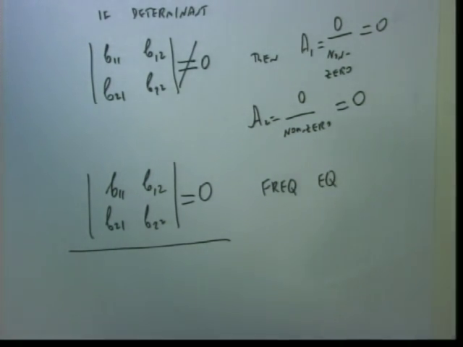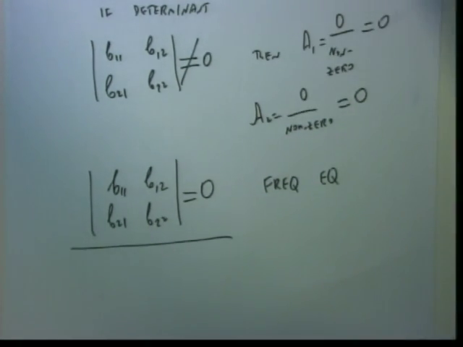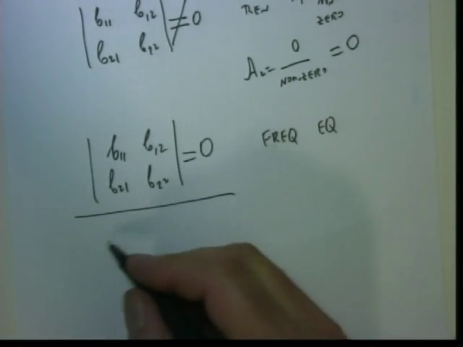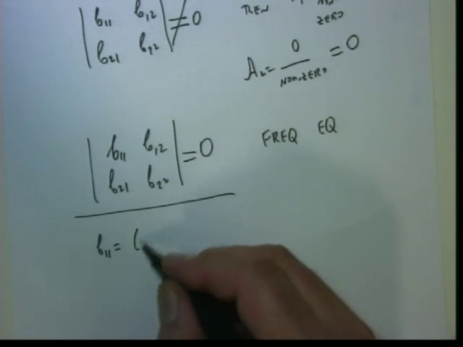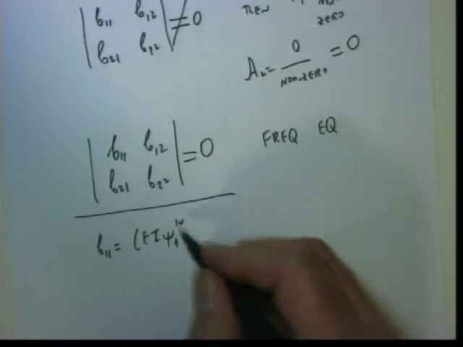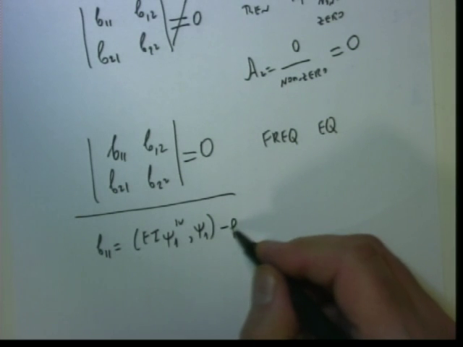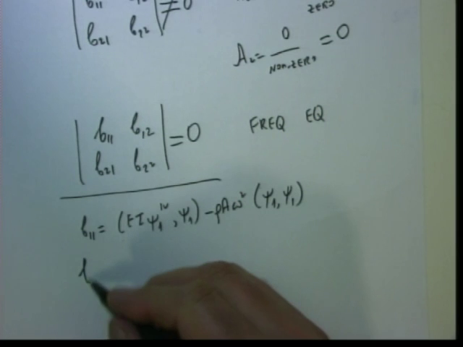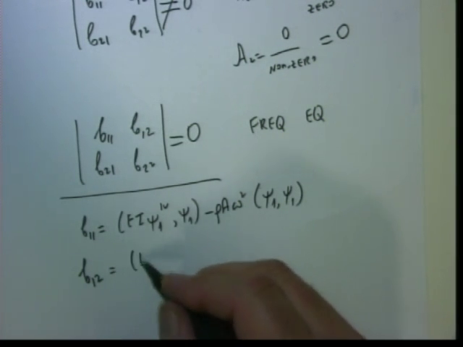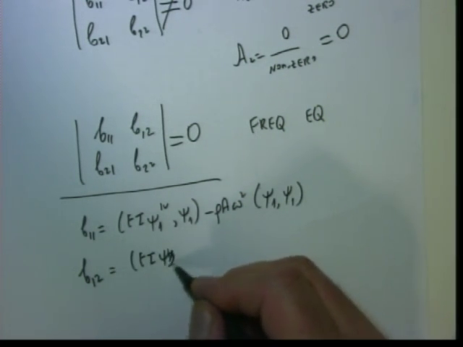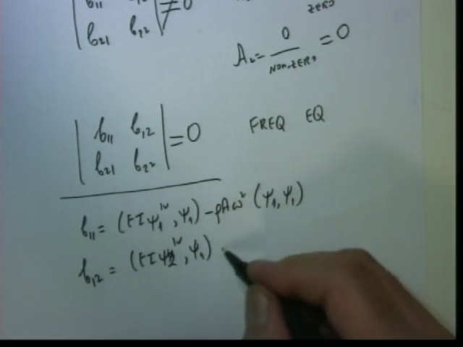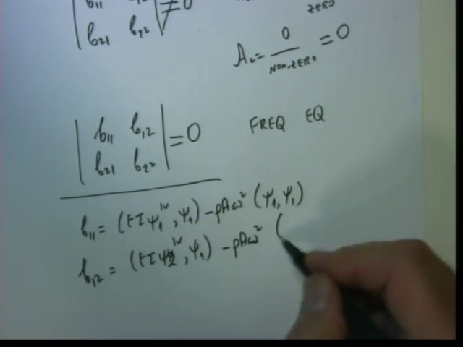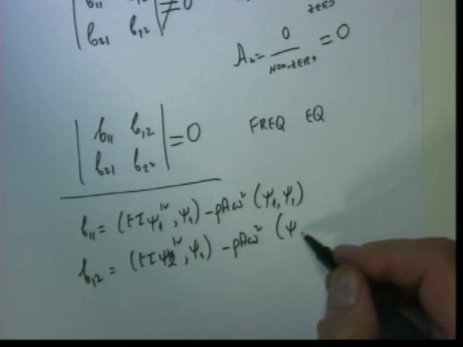So in our particular case, it will be like this. What is B11? B11 is EI psi 1 fourth derivative psi 1 minus rho A omega square psi 1 psi 1. B12 equals EI psi 2 fourth derivative psi 1 minus rho A omega square psi 2 psi 1.